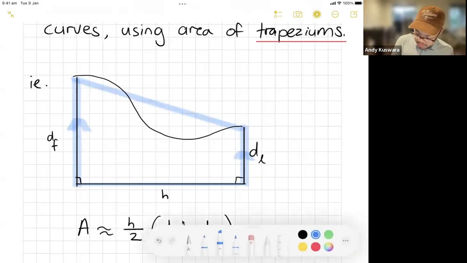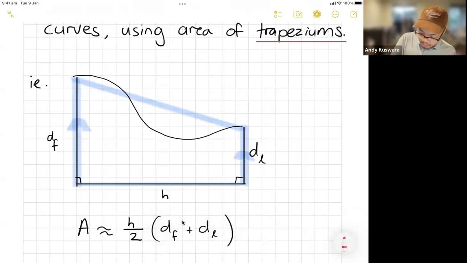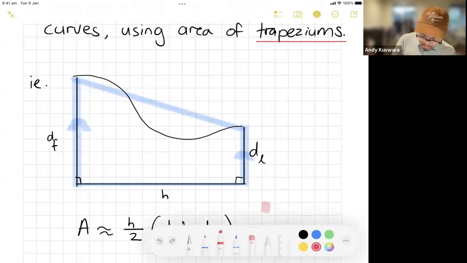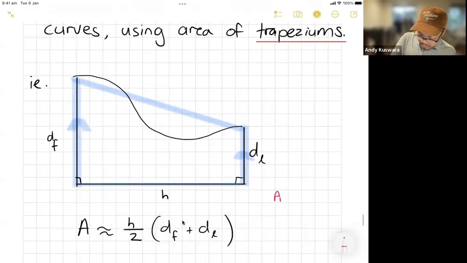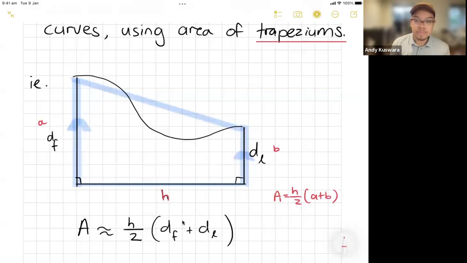The formula that we were more familiar with is this one here, and we've learned before h on 2 times (a plus b). So this is your a, that's your b, and that's your h as well.